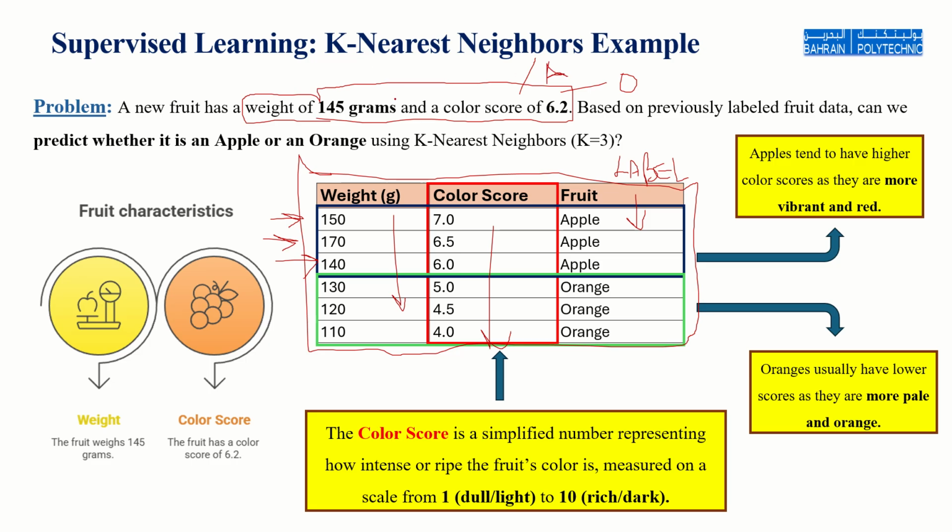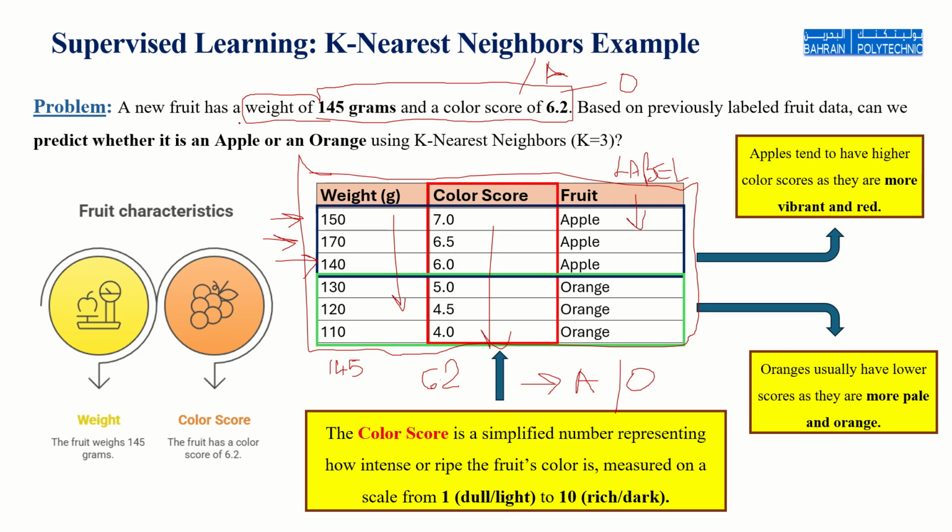You are given a weight of 145 and a color score of 6.2. Now you need to decide whether it will fall into apple or orange. This is what you have to identify.